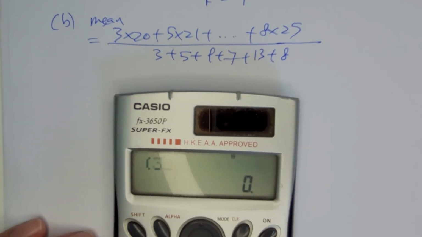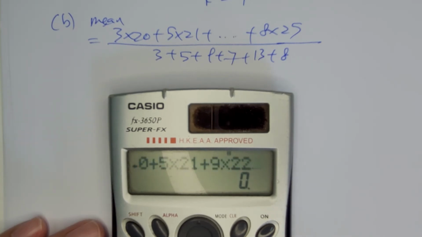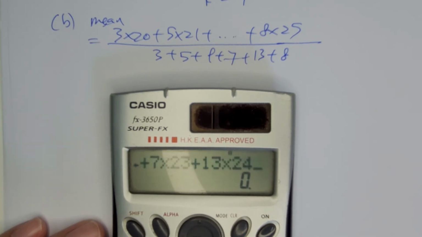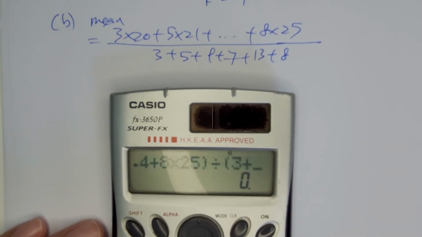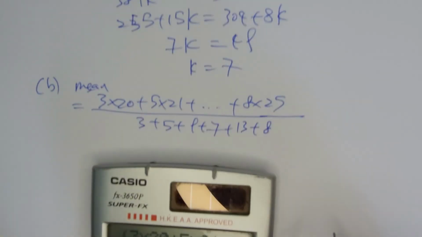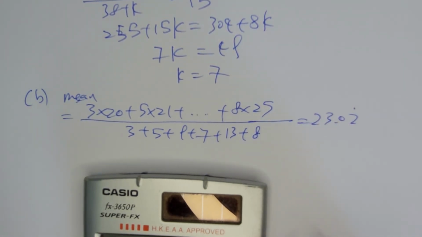Start a bracket: 3 times 20 plus 5 times 21 plus 9 times 22 plus 7 times 23 plus 13 times 24 plus 8 times 25, divided by, start a bracket again, remember, 3 plus 5 plus 9 plus 7 plus 13 plus 8, close bracket. So the mean is 23.02, okay, recurrent decimals.